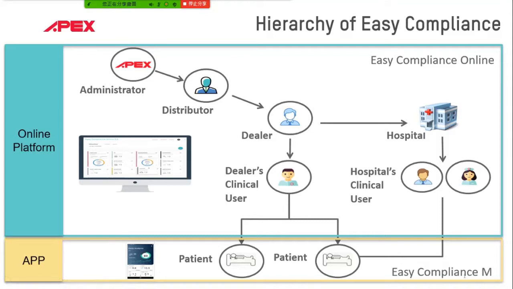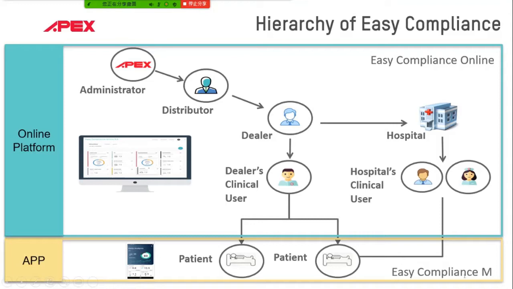And the DMEs can also create accounts for different hospitals management. So each of the different hospital accounts can also create various different hospital clinical users accounts, for example, for doctors, for sleep technicians, etc.